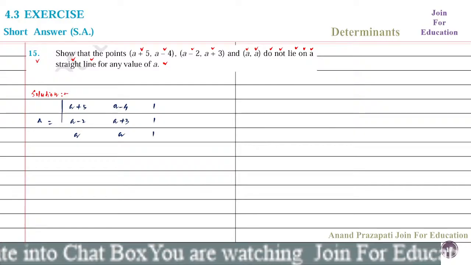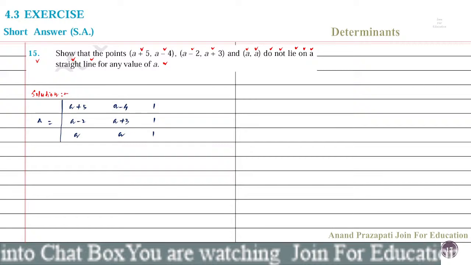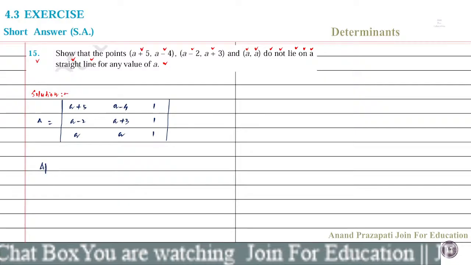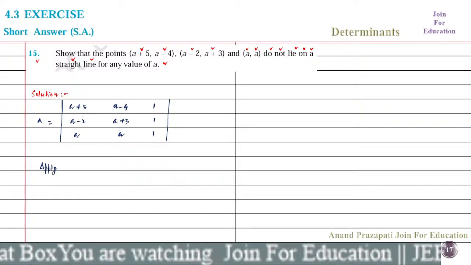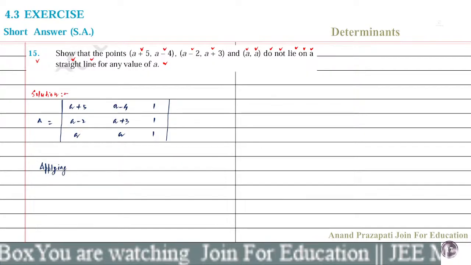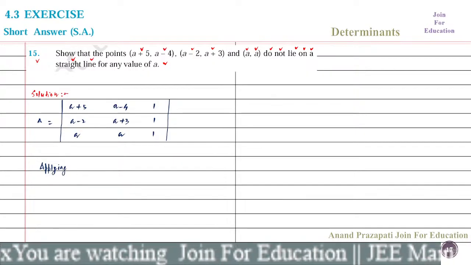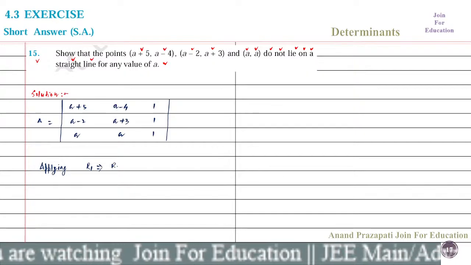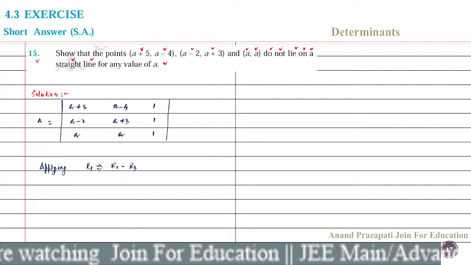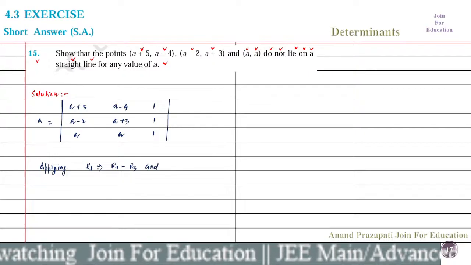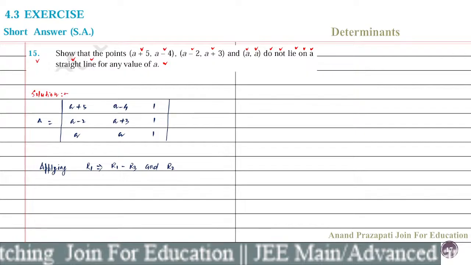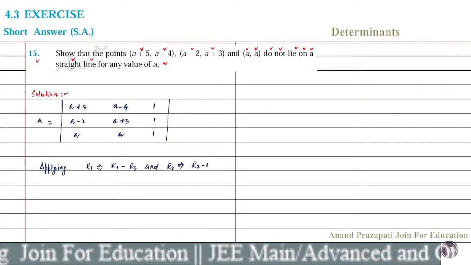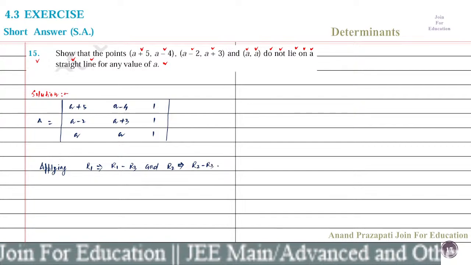So applying here, R1 implies R1 minus R3, and R2 implies R2 minus R3.